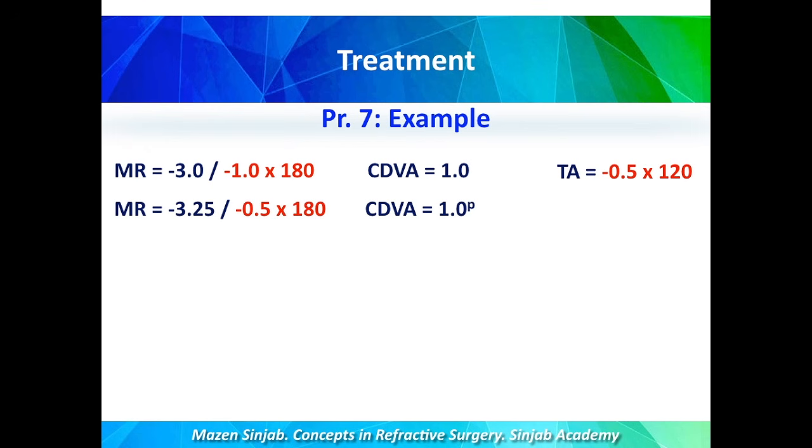I will try to reduce the amount of astigmatism and adjust the spherical equivalent, and I found his best corrected visual acuity becomes 1.0 partial when the manifest refraction is adjusted to be minus 3.25 minus 0.5 at 180.